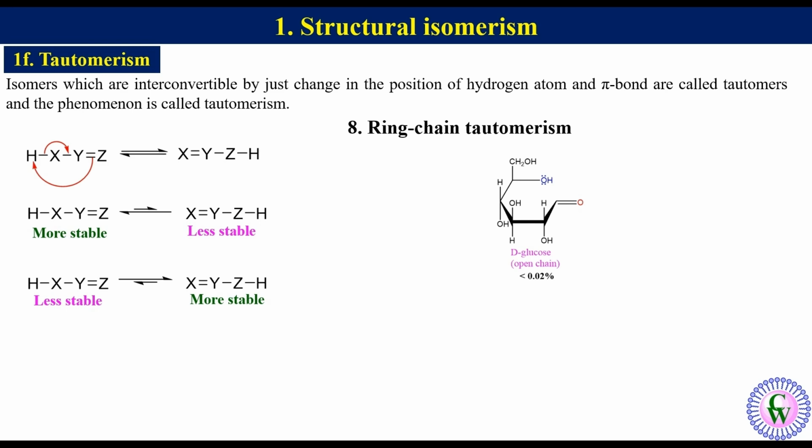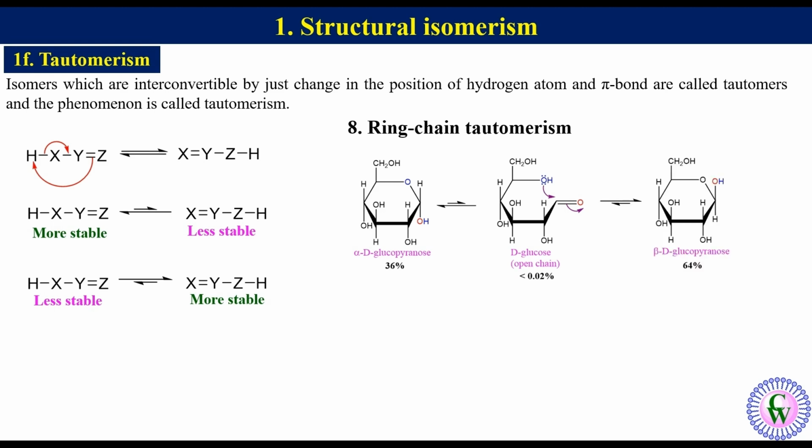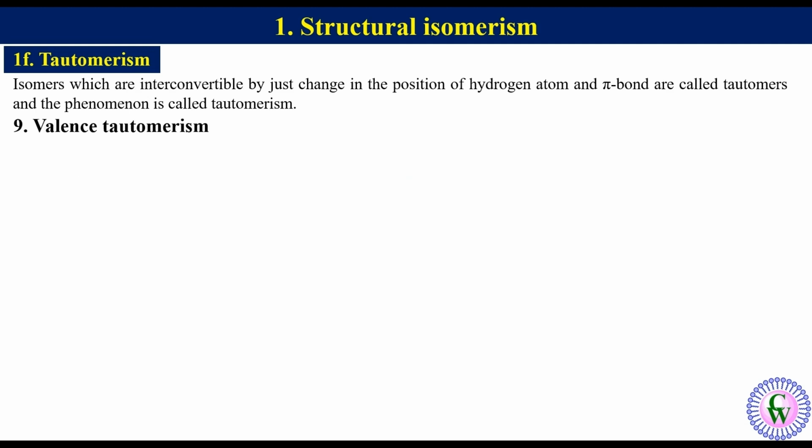It undergoes cyclization and proton shift like this to produce 36% alpha-D-glucopyranose and 64% beta-D-glucopyranose. These interconversions between open chain form and alpha-D-glucopyranose, and open chain form and beta-D-glucopyranose, are the examples of ring-chain tautomerism.